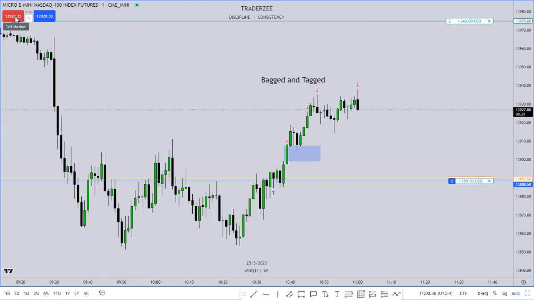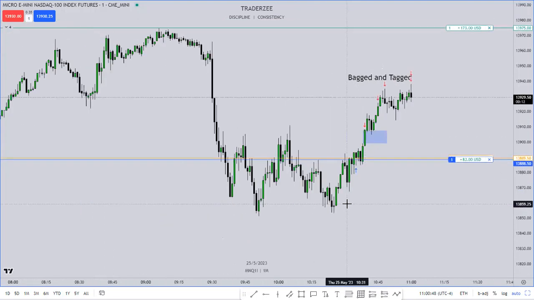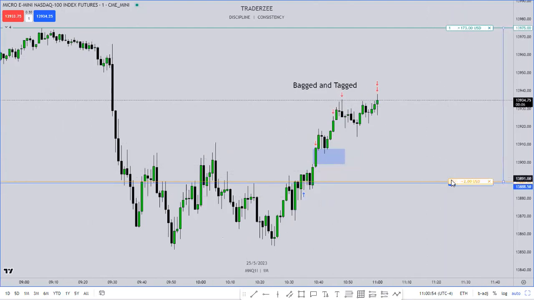Take another partial here, just for the sake of it. I have just one contract running now, and it's either take profit or it's stop loss.